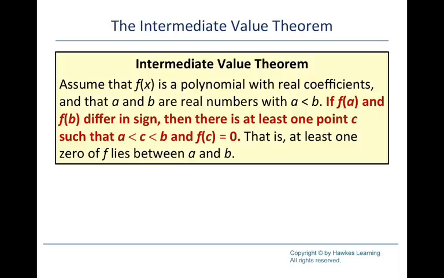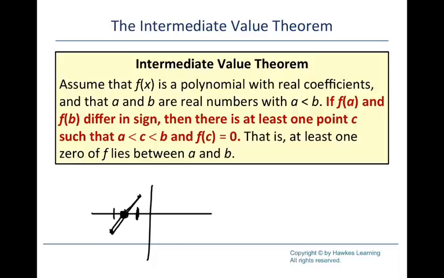What that means, practically speaking, is if you've got some polynomial, and you put in x equals negative 3 and get a negative value for y, and then put in negative 1 and get a positive value, well, somewhere between negative 3 and negative 1, it had to cross the x-axis.